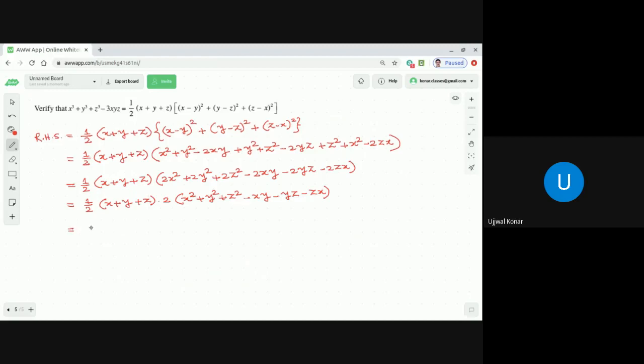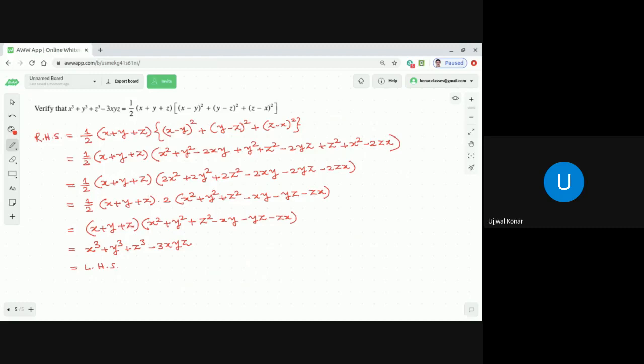We get x plus y plus z into x square plus y square plus z square minus xy minus yz minus zx. Yes, sir. So this is equal to what? According to the formula we know, this is equal to x cube plus y cube plus z cube minus 3xyz. Correct or not? Yes, sir. And this is equal to left hand side. That is the perfect way of doing, no?